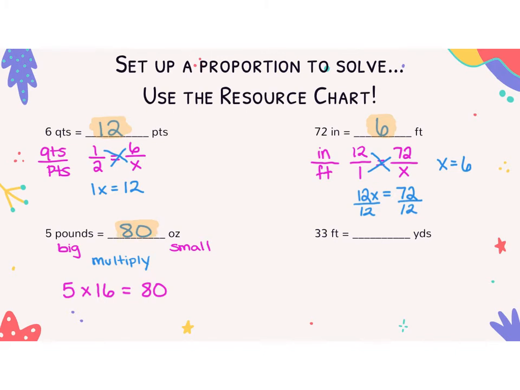In our last guided practice problem on this page, we see 33 feet equals how many yards? Feet is our smaller unit, and we're moving to a bigger unit, yards, so we will need to divide.